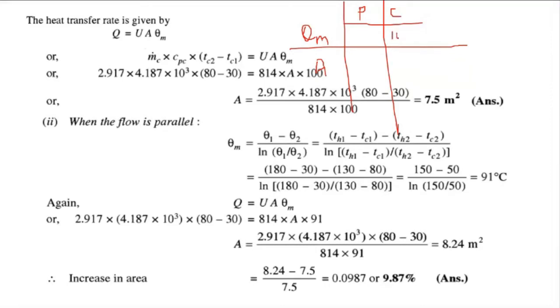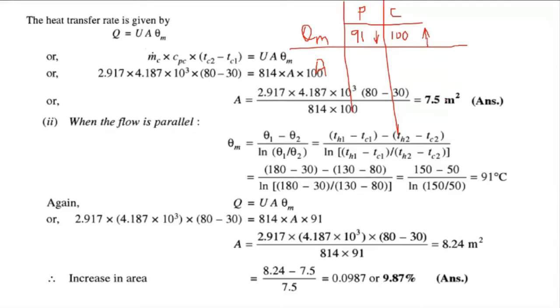Okay, theta M was equal to theta 1 minus theta 2 by ln, which was equal to 100. For parallel flow, what mean temperature difference did we get? 91. Which one is higher, counter flow or parallel flow? Counter flow is higher and parallel flow is lower.